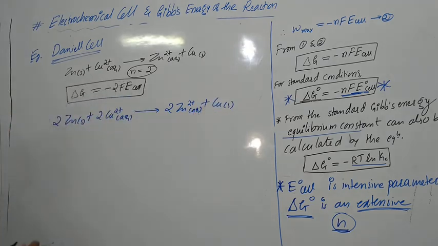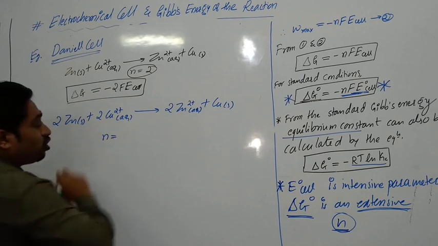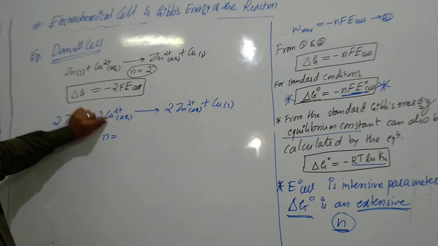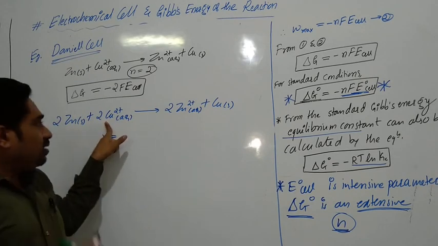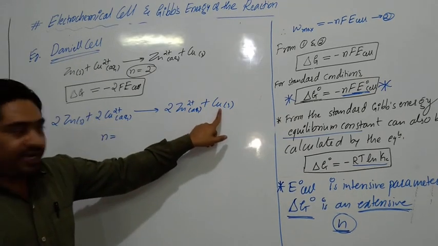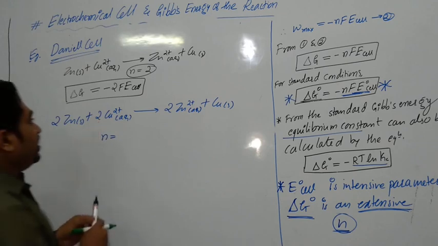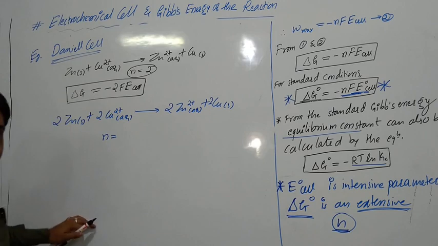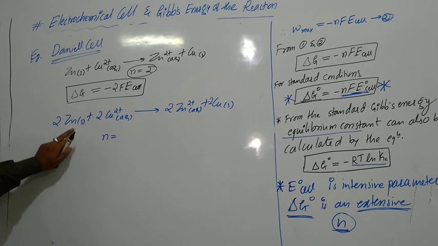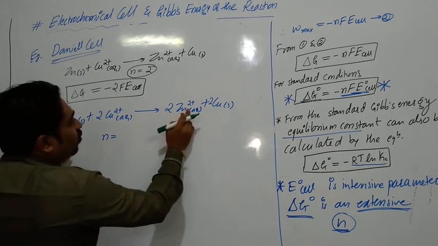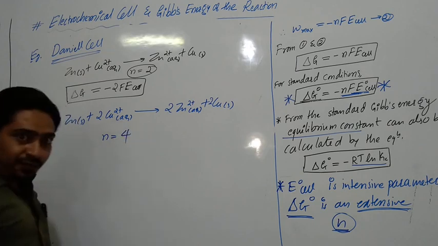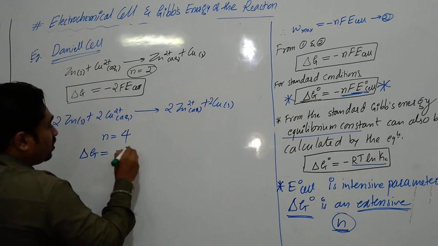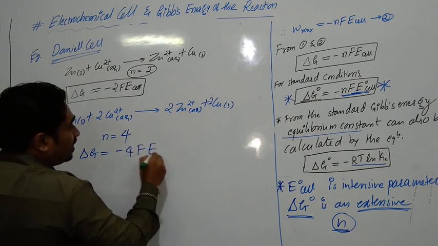Here the total number of electrons transferred is equal to how much? Each Cu2+ gets 2 electrons and is reduced, and for 2 copper ions, 4 electrons are required to reduce, and 2 Zn lose 4 electrons, so n is equal to 4. Now delta G is equal to minus 4 F E cell.